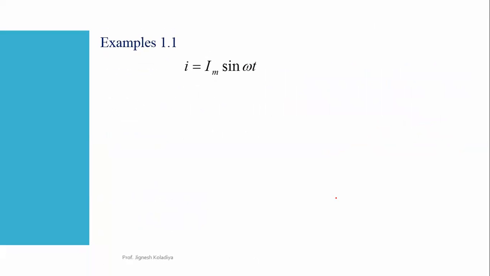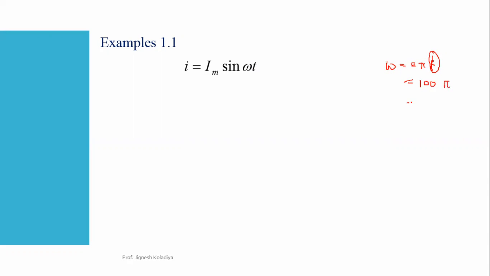So first of all, this is my general form. i is equal to Im sine omega t. Then we know omega is what? 2 pi f, because we have to convert it, omega equal to 2 pi f, because frequency is given. If you write 2 pi f over here and frequency is given 50 hertz, so it is 100 pi.